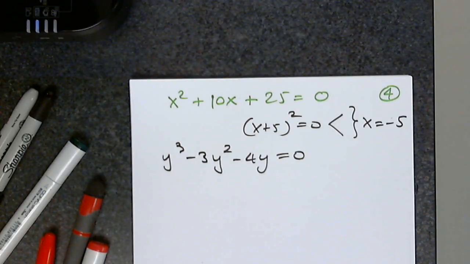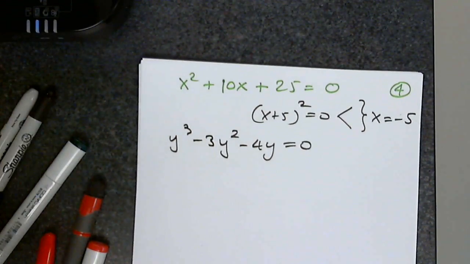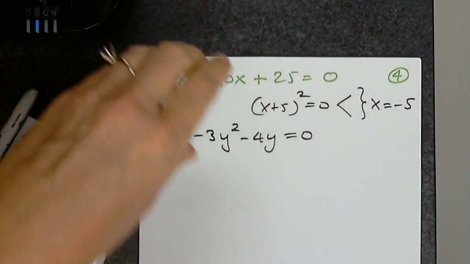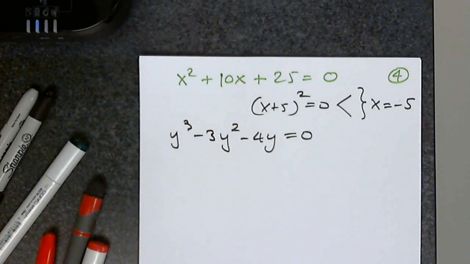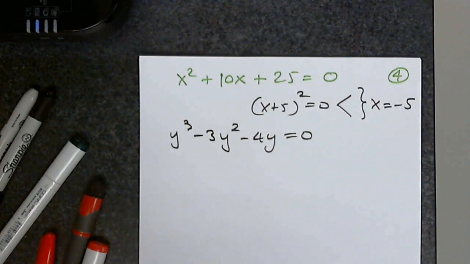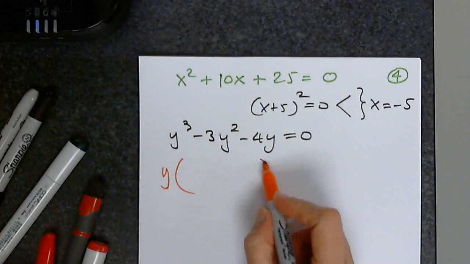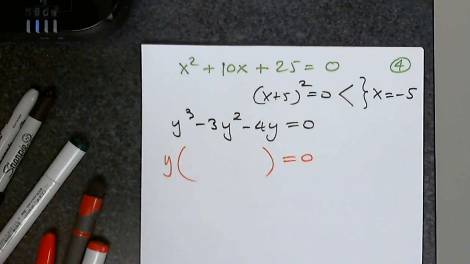What is the degree of this polynomial? 3. How many solutions will we find? 3 indeed. Good. It's a polynomial, degree 3, 3 terms, greatest common factor. Y. Very good. What is left in parentheses?